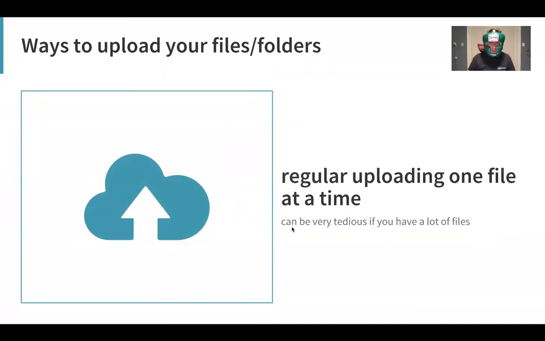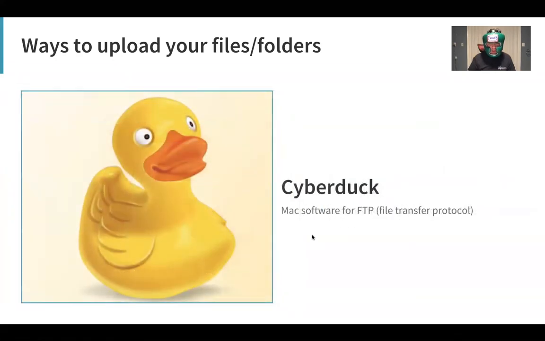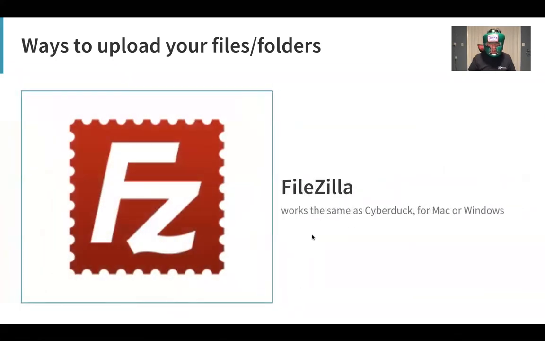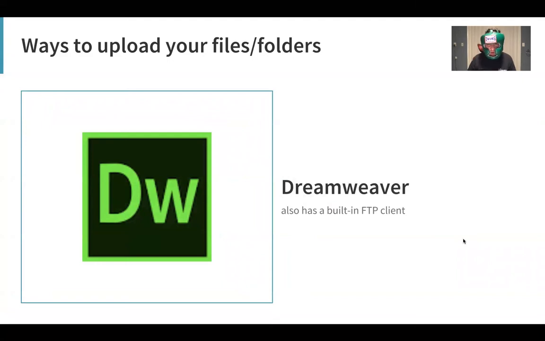So it's generally encouraged to use something like CyberDuck or FileZilla to quickly move files up and down from your local to the cloud. Dreamweaver, if you use Dreamweaver, also has a built-in FTP client, but again, if you can avoid using Dreamweaver, I try to.